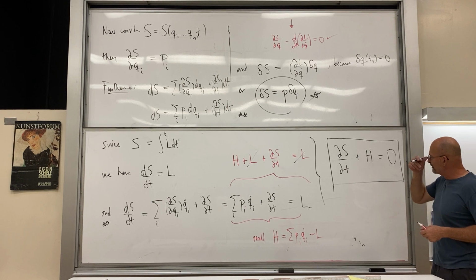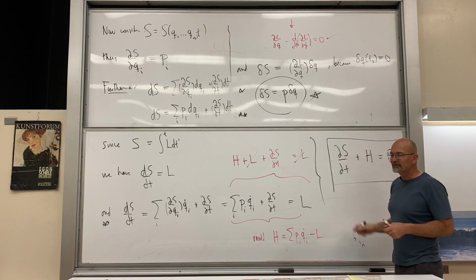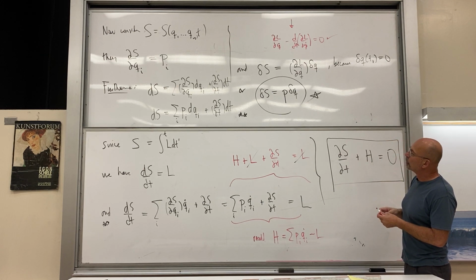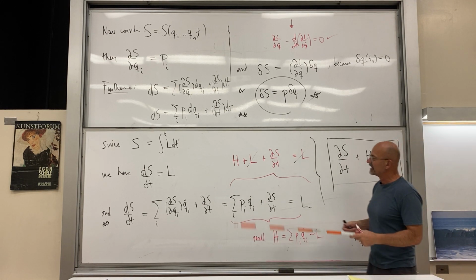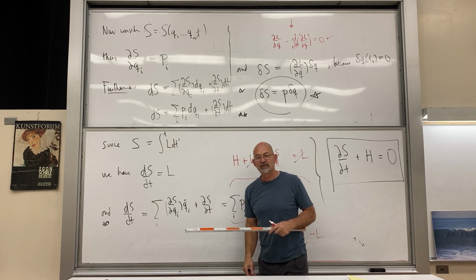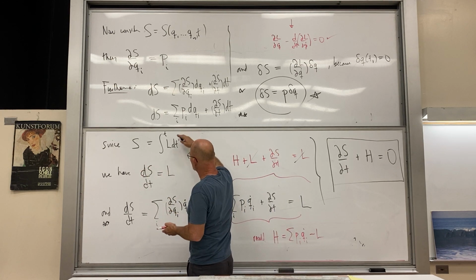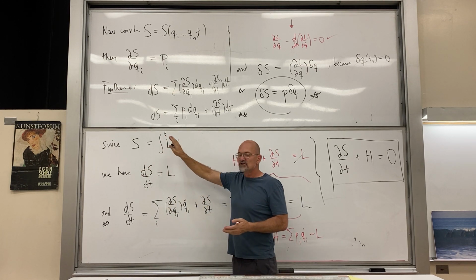And what that's going to mean is that this S has now taken on a new significance. Originally, in this form with the fixed boundaries, it just seemed to be a device. It was an object whose minimization gave us the equations of motion.